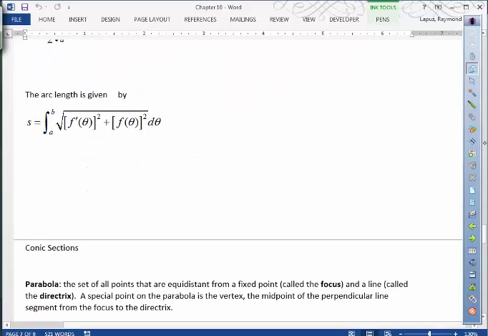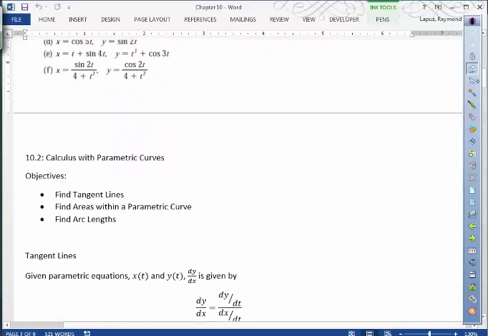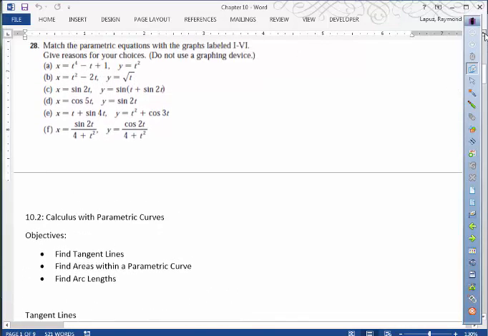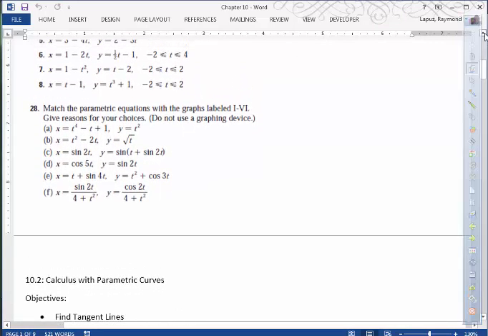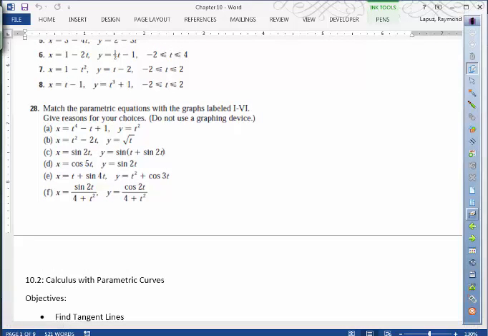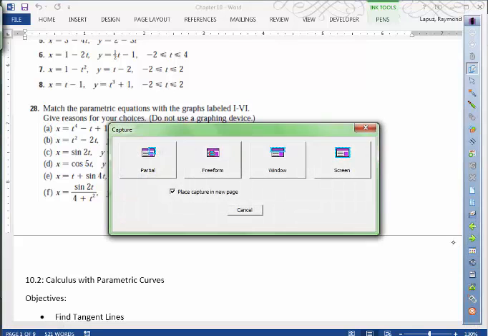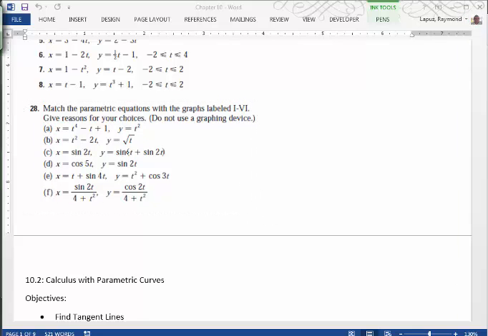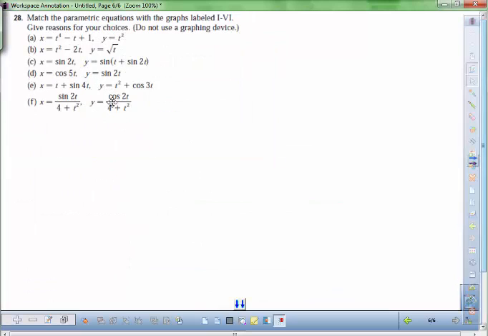Oh, I had some other interesting graphs that we should probably take a look at and be able to graph. It says do not use a graphing device, but we can use graphing devices. It says match, but we don't have what it's matching to. So let's find out how these things look.